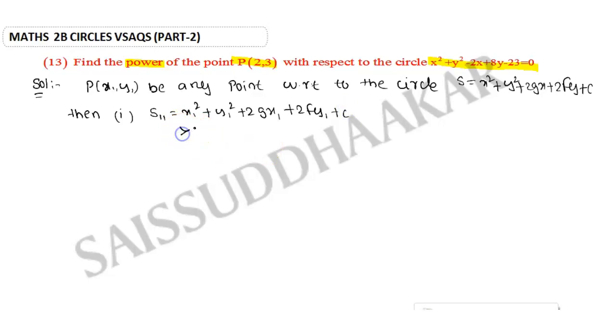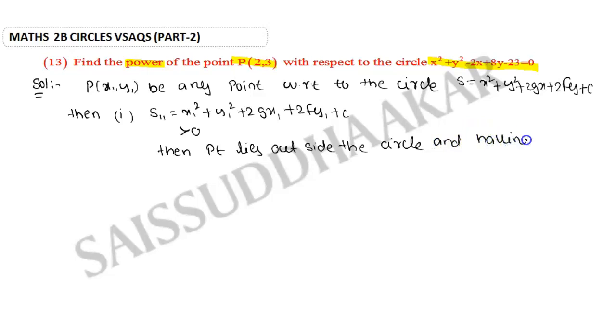If this value is greater than 0, then the point lies outside the circle and has positive power.